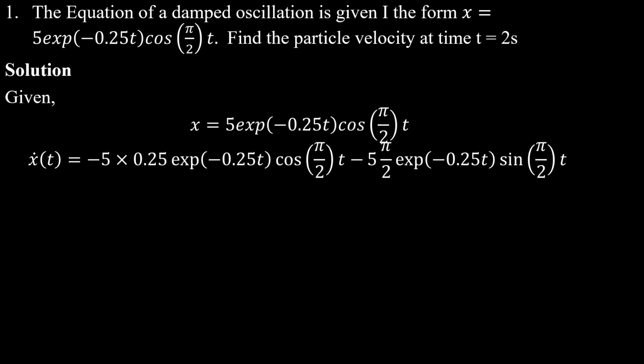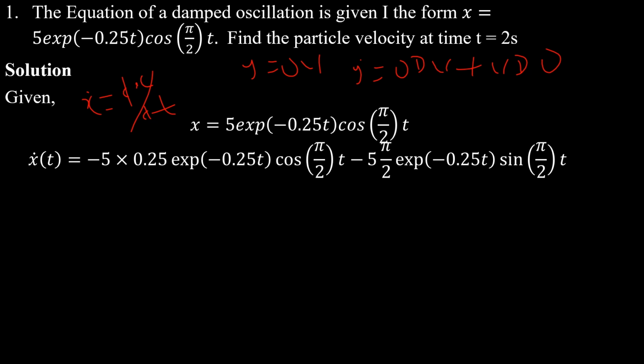So if we differentiate this function, x dot is equal to dx over dt. We use the product rule: y equals uv, so y dot is equal to u dv plus v du, where d is equal to d over dt in this case.